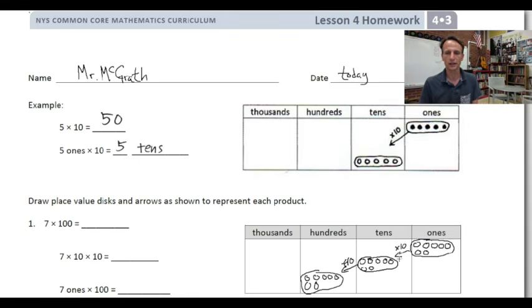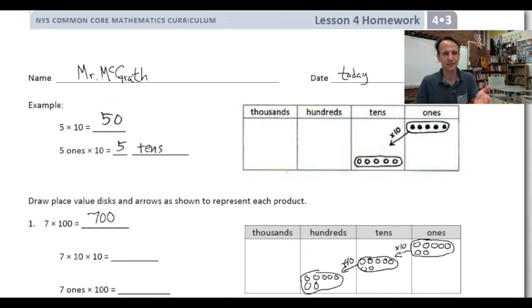So what is 7 ones times 10 times 10, or also known as 7 times 100? Well, what do we end up with? We end up with 7 in the hundreds place. The answer is 700. Now you're like, I could have found that so much more easily. Yes. Wait till we get to the end, and you'll see why this is so valuable. You'll get a taste of it.